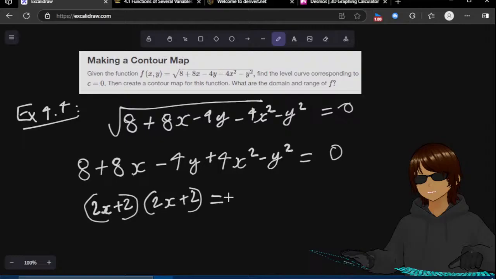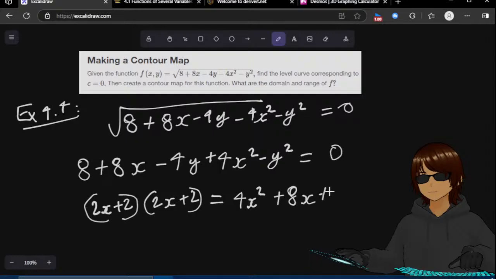2x plus 2. Hold on. If I do this, I'll get 4x squared, 4x, 4x. I'll be left with 8x plus 4. If one of them is minus, then I'll be left with minus 4 squared minus 4x.